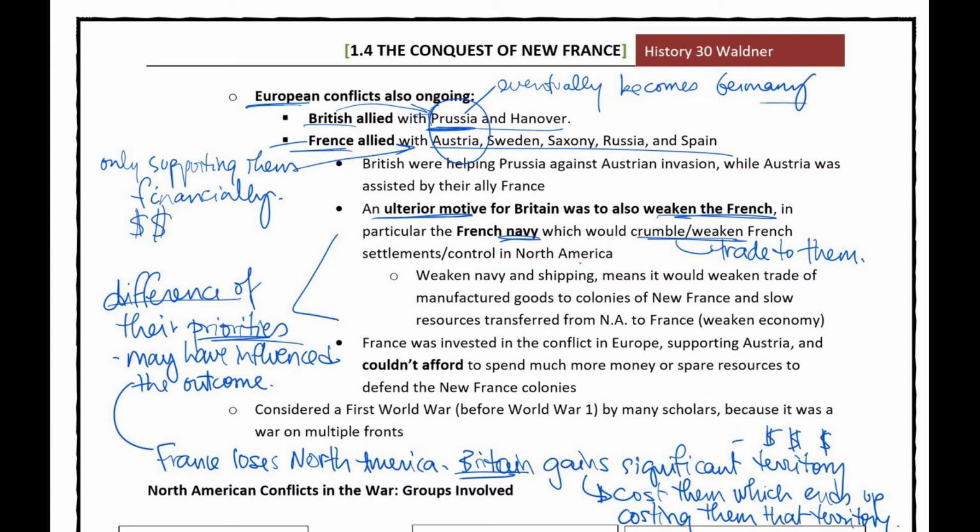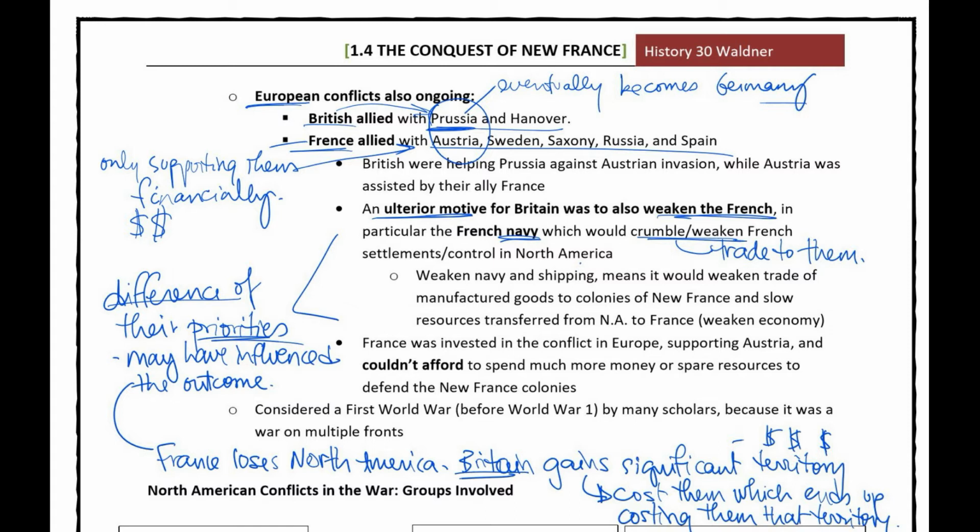And the point here with the French is that they were only supporting it financially. They didn't send troops to Austria to help them or anything, which is a part of where France's money and their focus was.